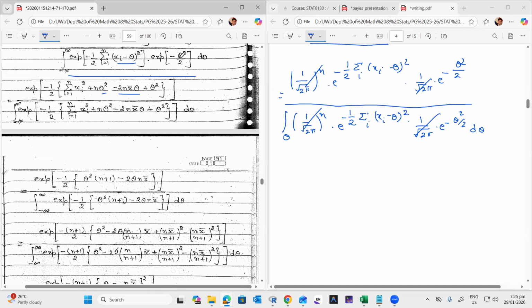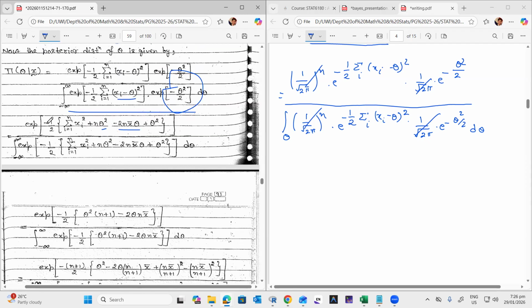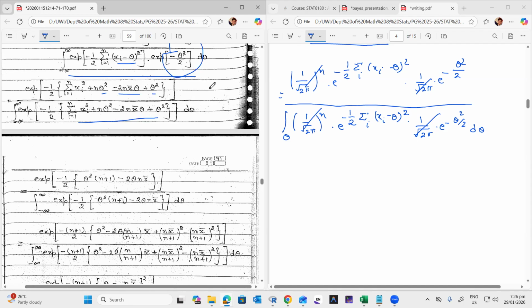We will add this theta square term into the same exponential because the base is the same. At that time we take minus 1 by 2 common, and theta square will become plus theta square here, right? Now the same expression will remain in the denominator.